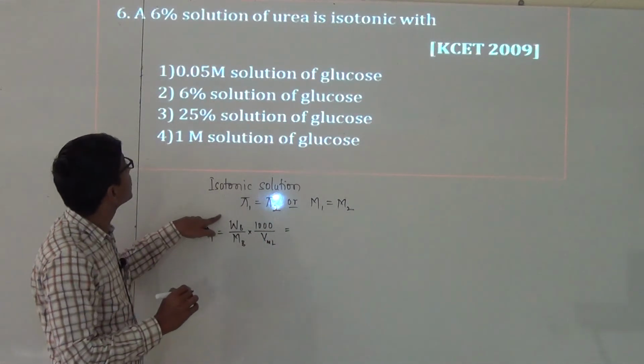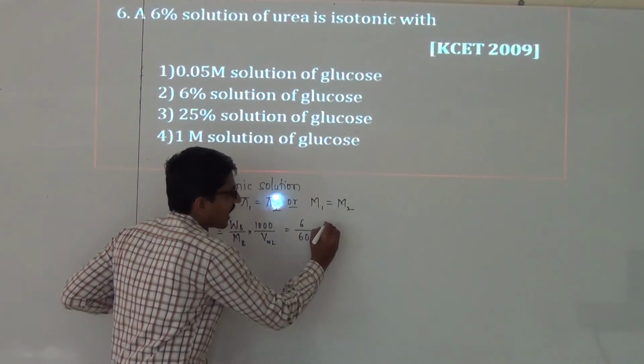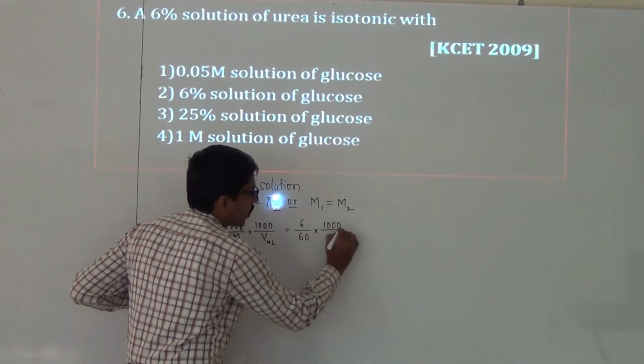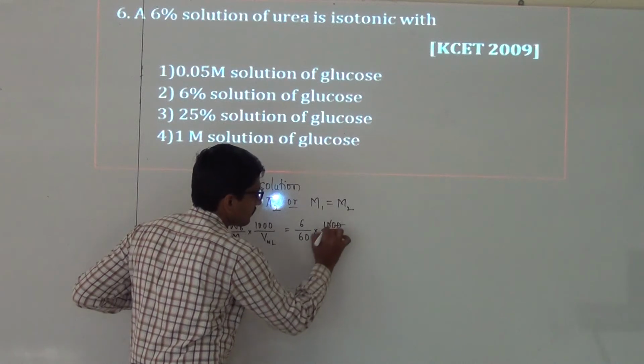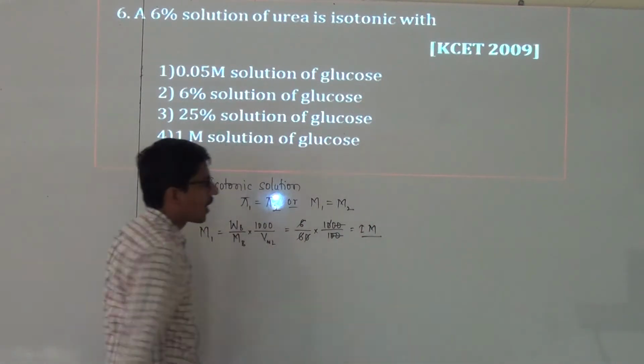WB is nothing but 6% means 6 gram of urea is dissolved in 100 ml of water. This is equal to 1 molar.